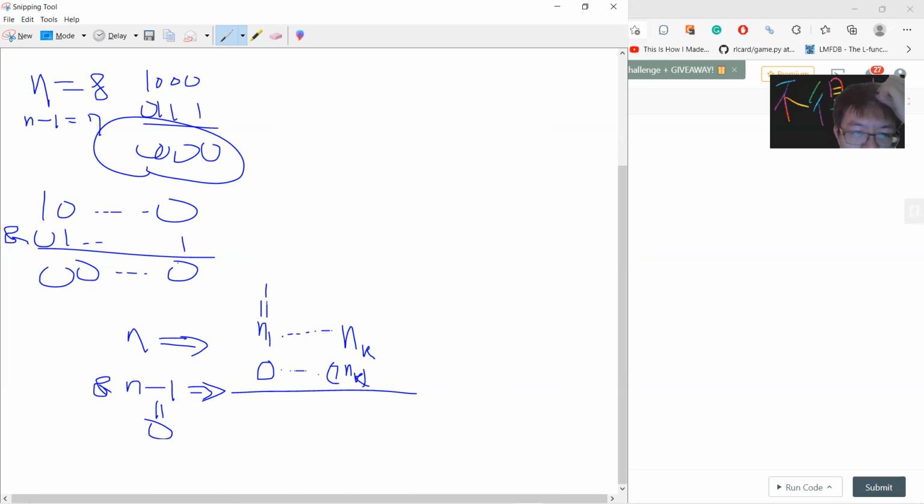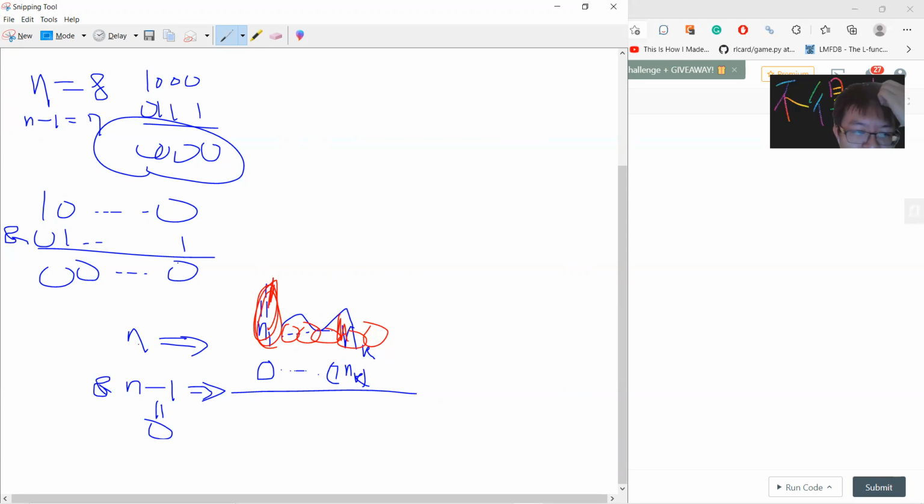Every time you minus 1, you will lose this one, so this guy must be 0. So all of these terms must all be 0. Otherwise, if there is a remaining term, when you minus 1, that term will decrease, so this guy will remain 1.